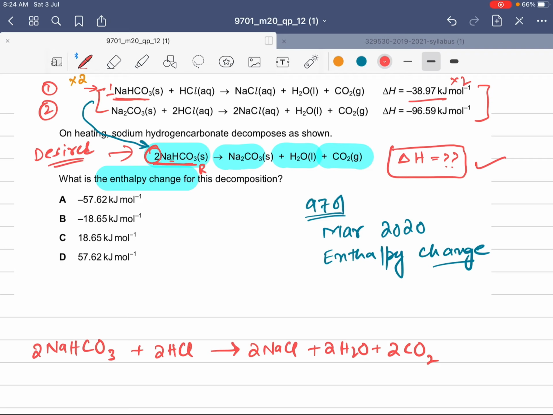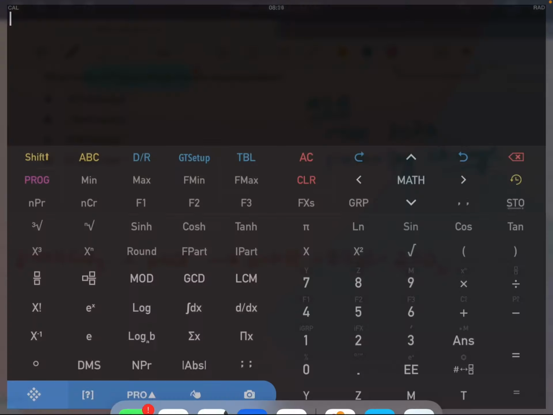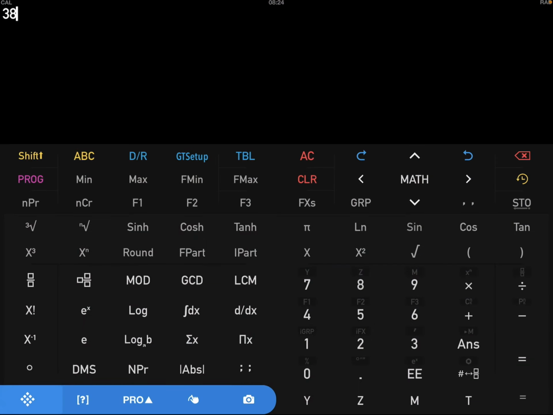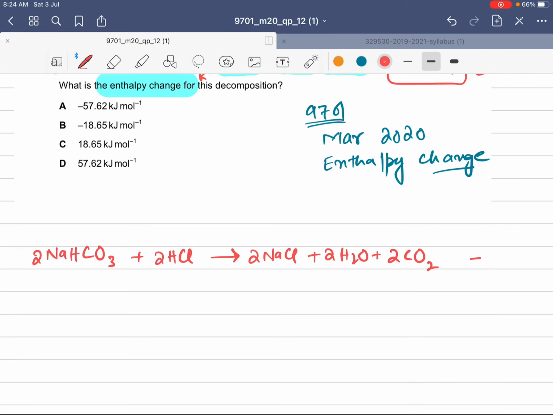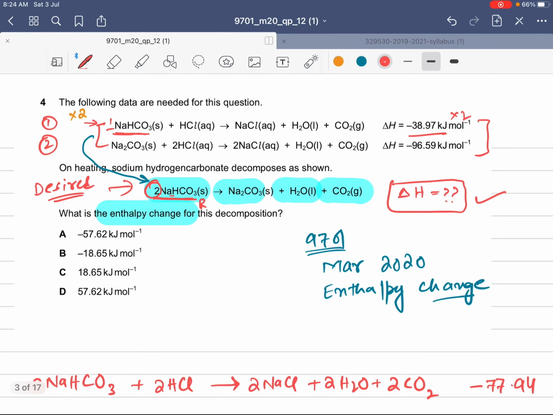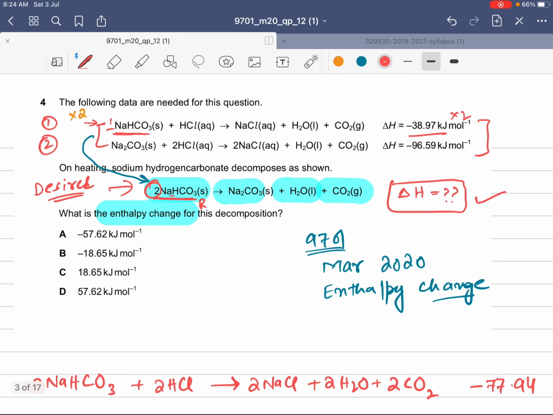So 38.97 multiplied by 2 equals 77.94. So that means delta H is now minus 77.94, because initially it was minus 38.97. So we have changed equation number 1 according to our desired equation.